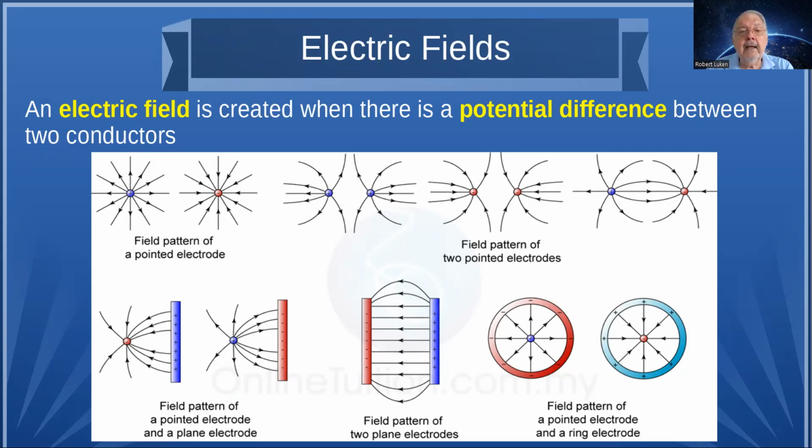The blue is a positive charge and the red is negative charge. I would have used the other colors, but I didn't do it. So like charges repel one another or oppose one another.